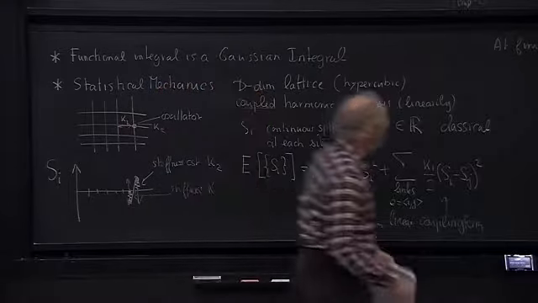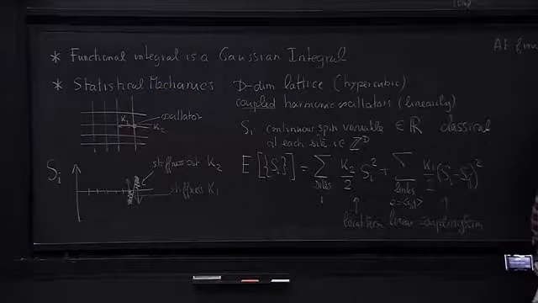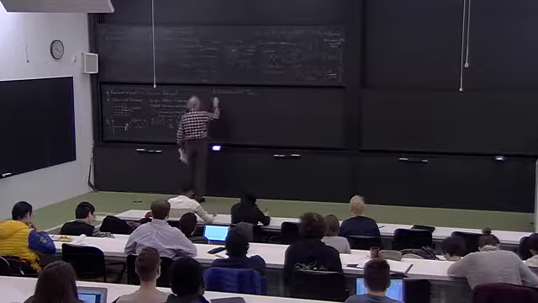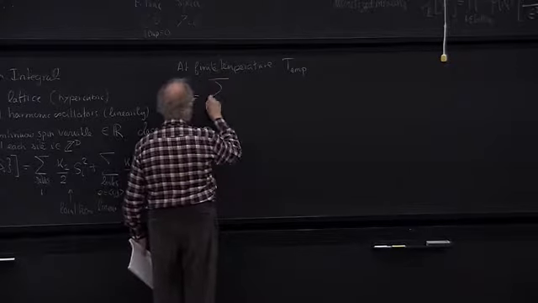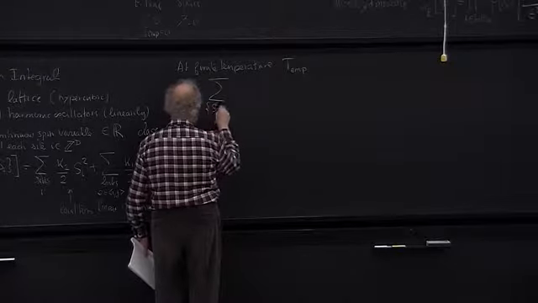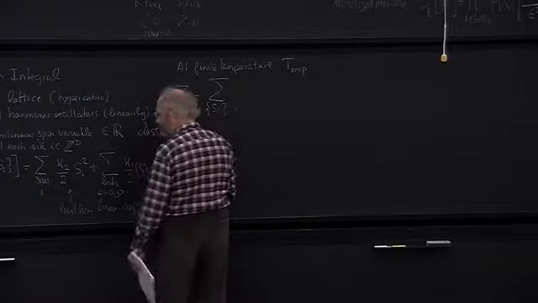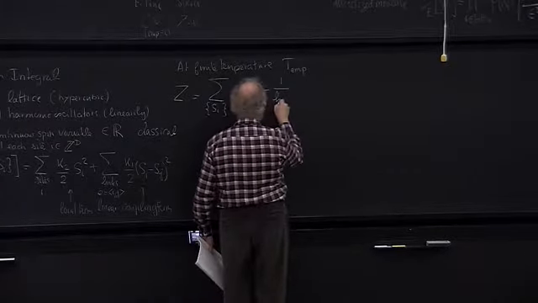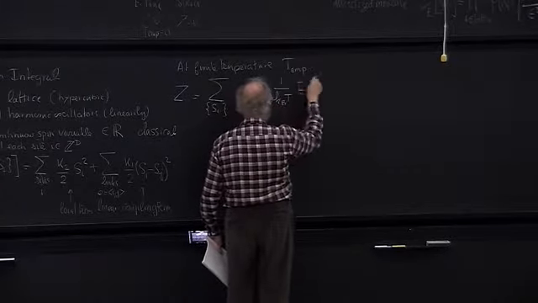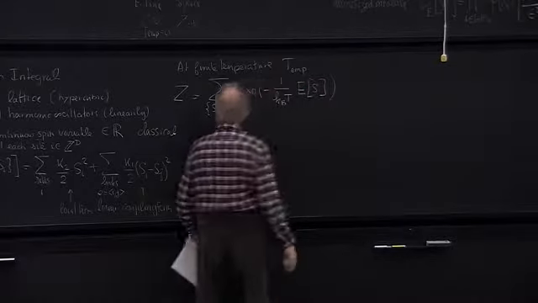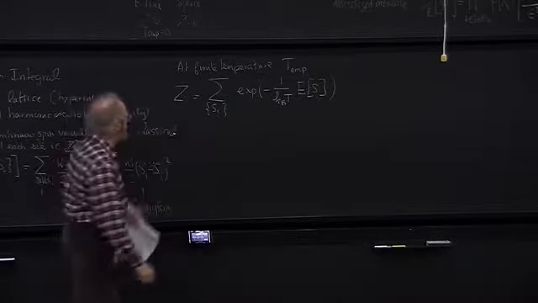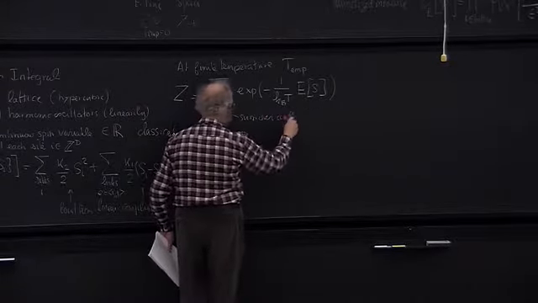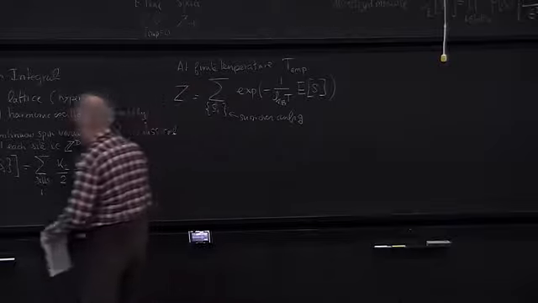Okay? So at finite temperature T, the partition function for this system is just the sum over all possible spin configurations of exponential of minus 1 over k_B T times E of S. But this sum over configurations is just an integral because the spins are continuous.